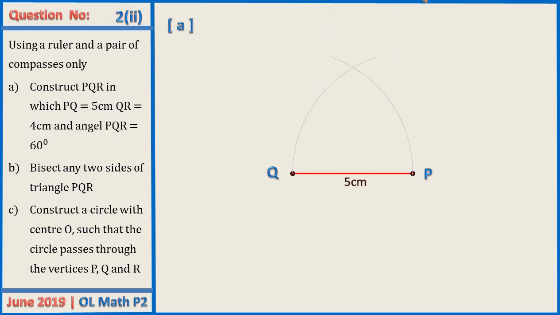You can notice that the two faint lines intersect. Those are called construction lines. So if I link this point of intersection to P and also to Q, I'll have an equilateral triangle and all the angles will be 60 degrees. So I have constructed my angle 60 degrees.